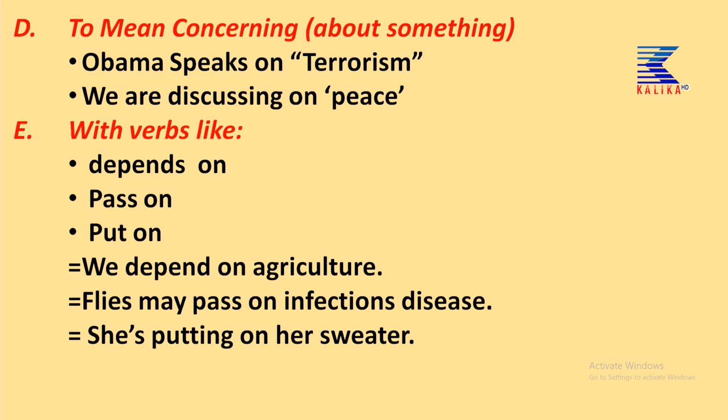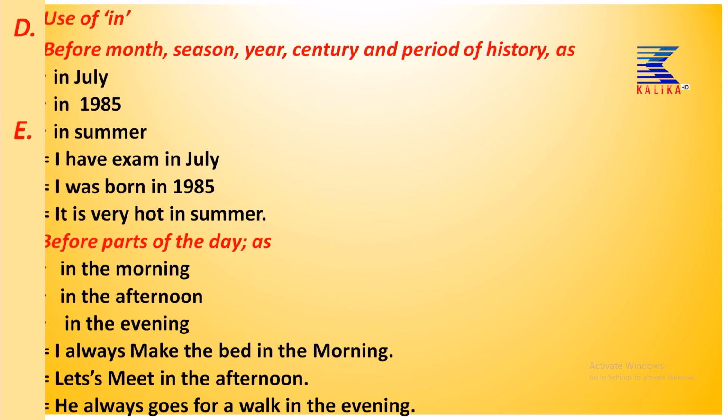Now another use of on is with verbs like depend on, pass on, put on. For example, we depend on agriculture. Flies may pass on infectious disease. She is putting on her sweater.